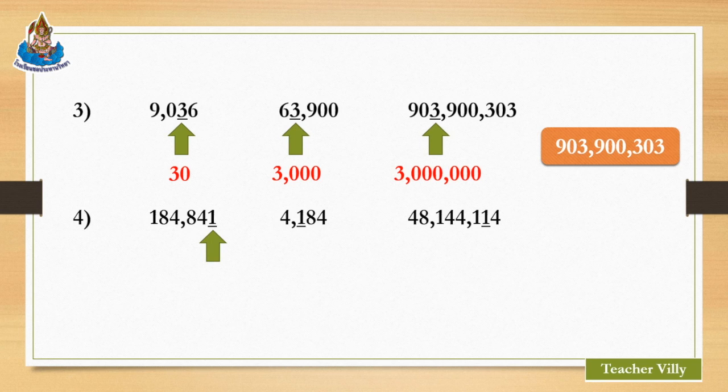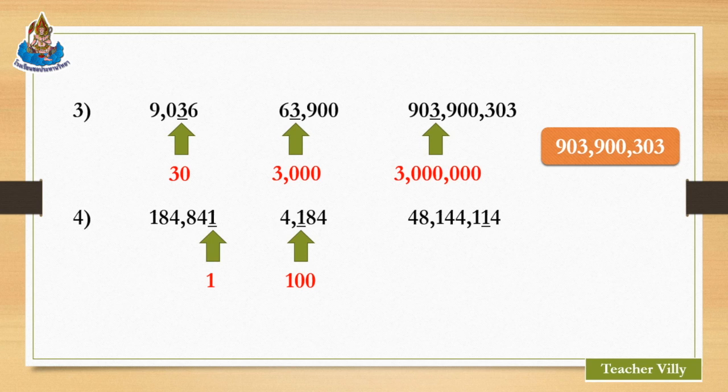Yes, it's 1. What about the digit 1 in this number, 4,184? What is the value of the digit 1? Correct. It's 100.